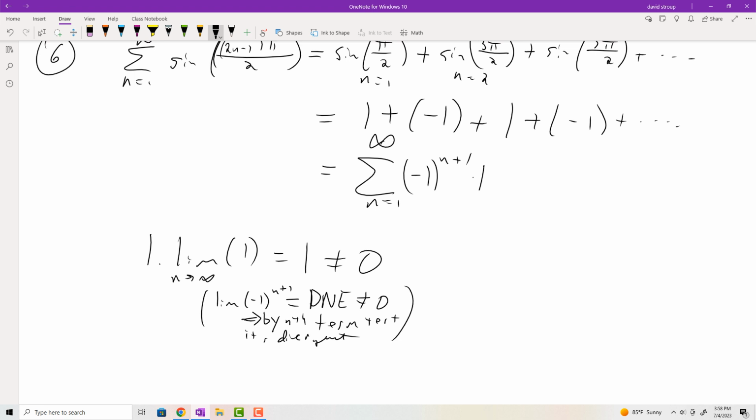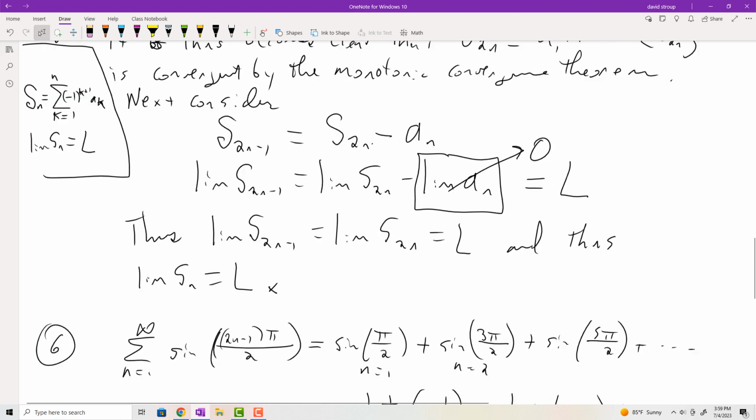Okay, so if the first step doesn't work, you're going to automatically be able to conclude, because it's always going to end up with these two accumulation points. It'll flop back and forth around 0.